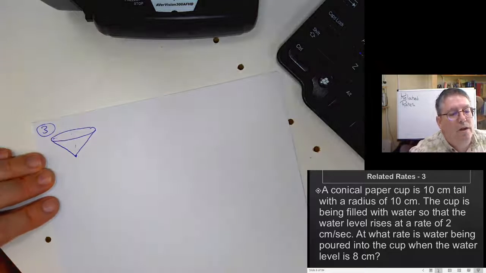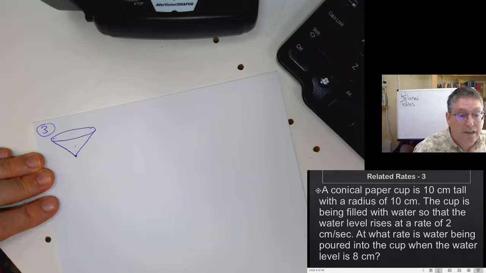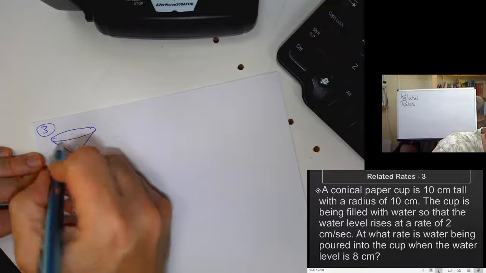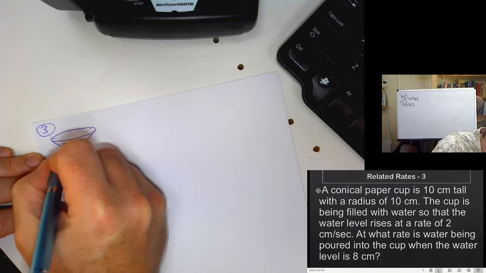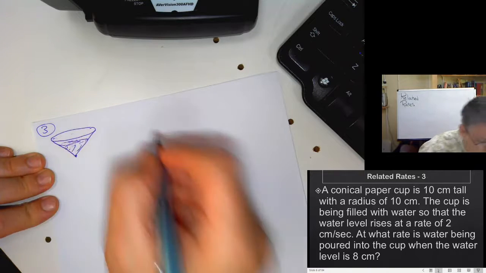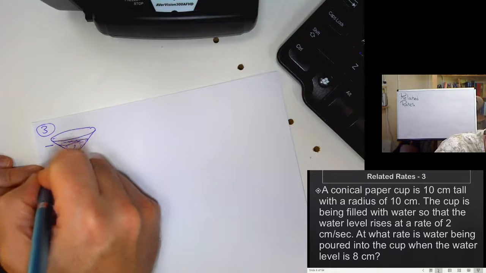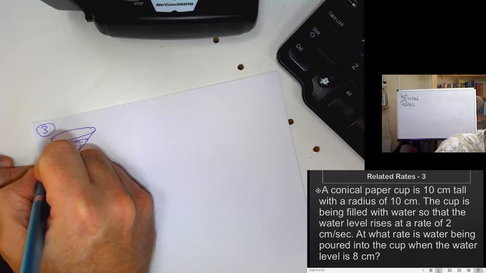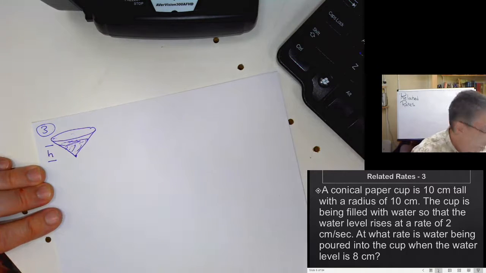The cup is filled with water so that the water level rises at a rate of 2 centimeters per second. The water level is rising. So that's going to be how much water is in the cup, right? That's going to be H. We're going to call that height because we're going to need to know the height.